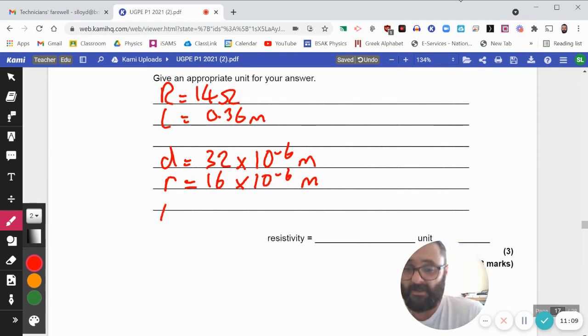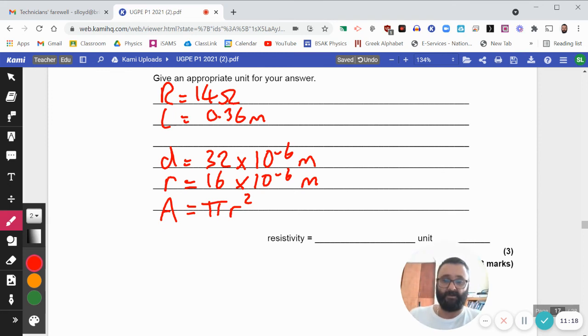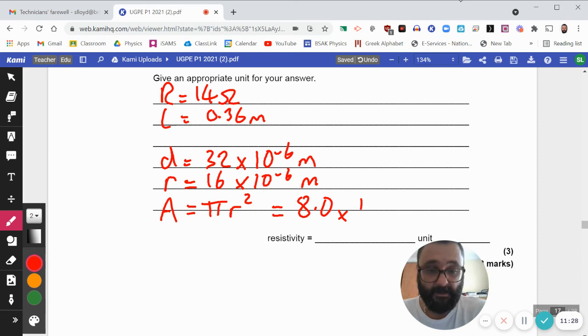We need the cross-sectional area. That's equal to, I believe, pi r squared. That gives us a cross-sectional area of 8.0 times 10 to the minus 10 meters squared.